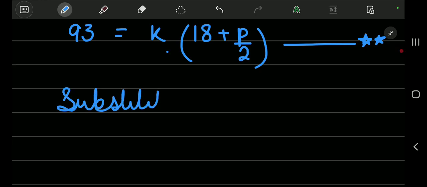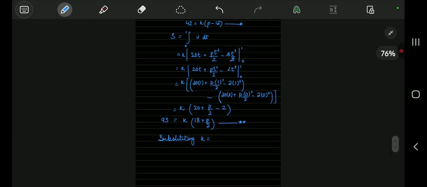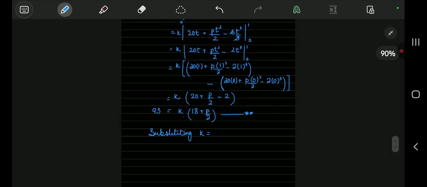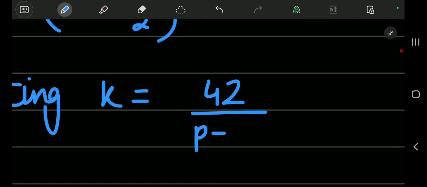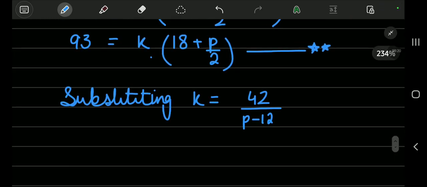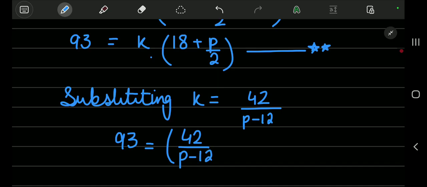Substituting k equals 42 over (p minus 12), so 93 equals 42 over (p minus 12) times (18 plus p over 2).